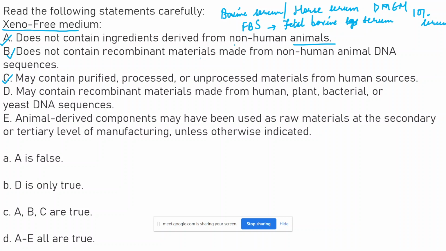So that is why people want to shift to using xeno-free mediums nowadays. So yes, this statement is also correct. It can have materials from human sources.